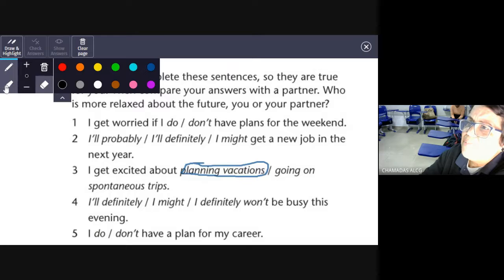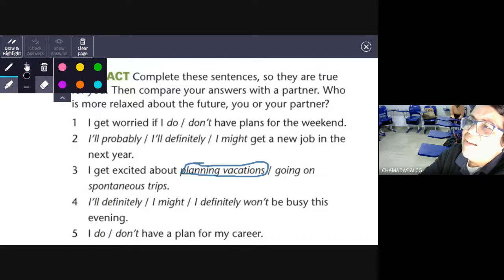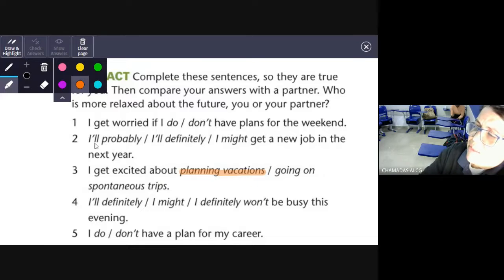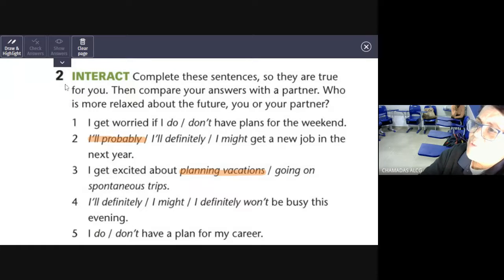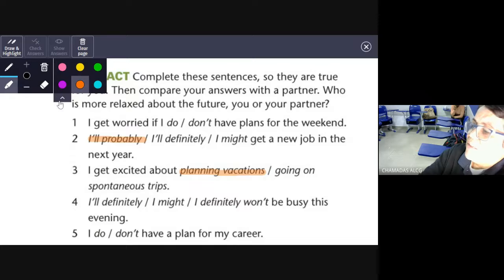That's really ugly, by the way. Let me erase this. Instead of using this, let me use the highlighter. It's better. So we can select here. Here, let's put probably, and here, none of them, right? Because we don't get worried about it.